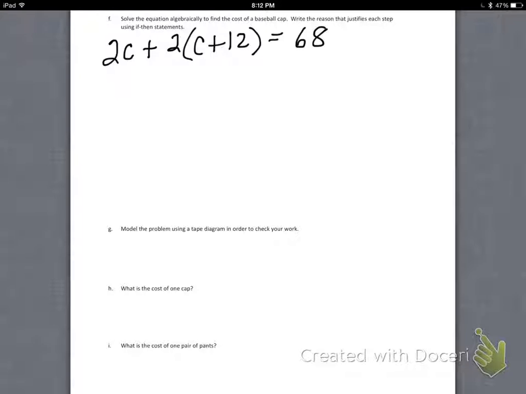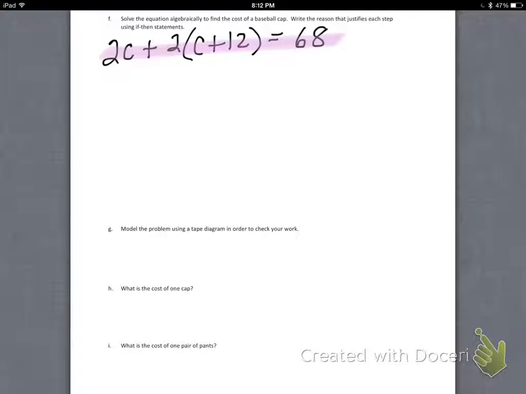Okay, and why don't we go? So F here asks us to solve the equation algebraically to find the cost of a baseball cap. So if I start off with this, this could be written a different way, but we're going to just stick with this one right here, because you can represent this equation differently.